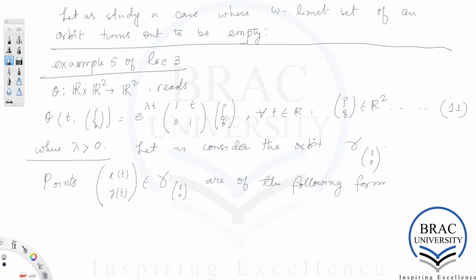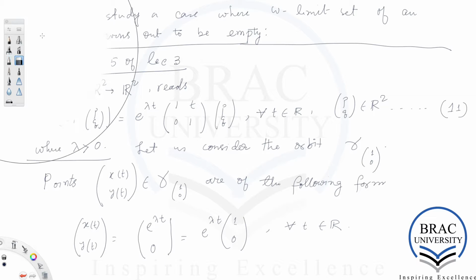If we choose p to be 1 and q to be 0, this gives us e to the lambda t times 1 and 0, which we can write as e to the lambda t times (1, 0), for all t in the set of real numbers.